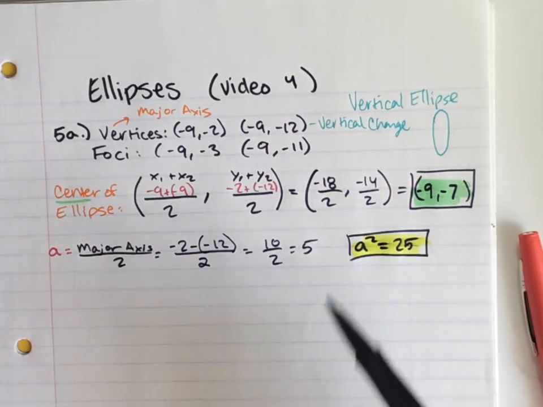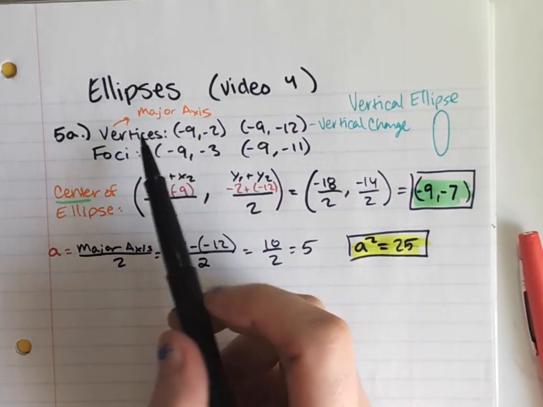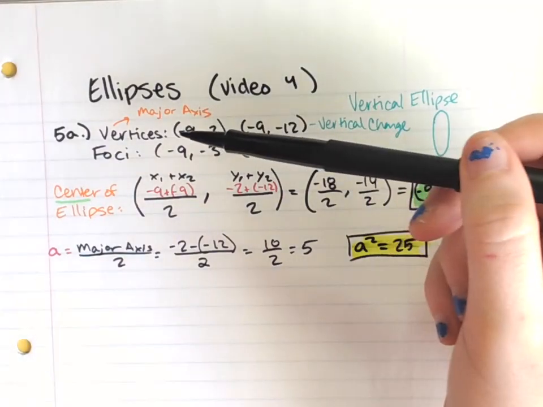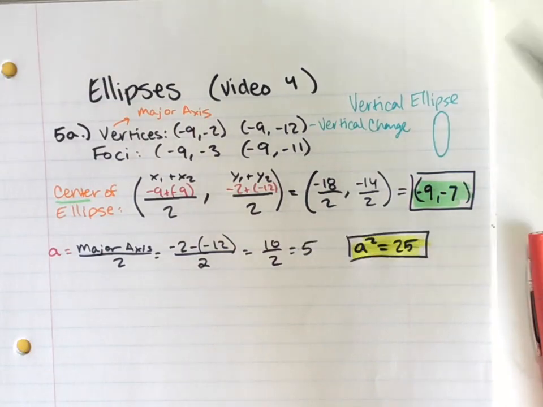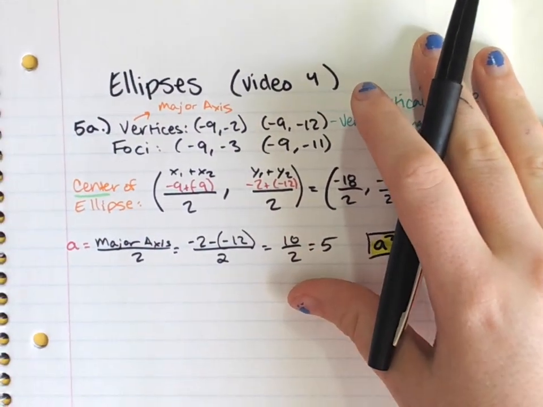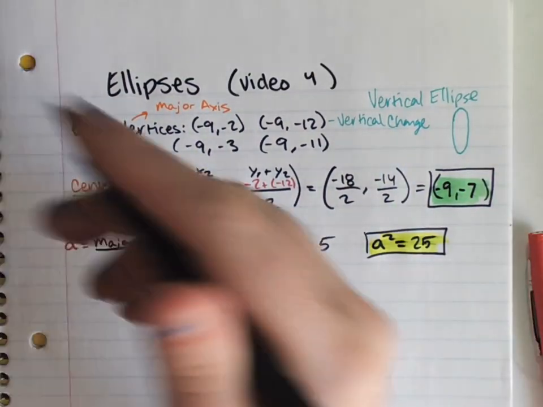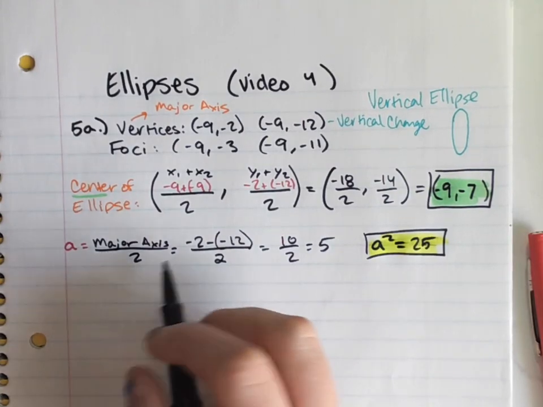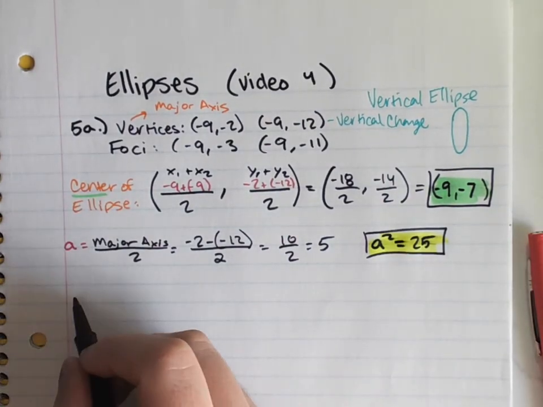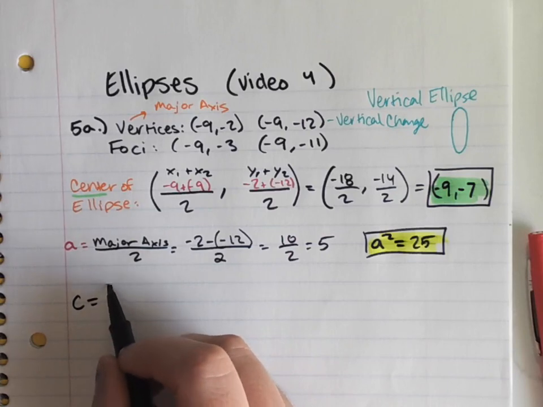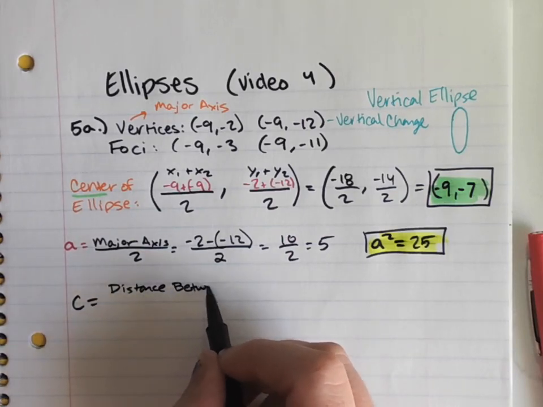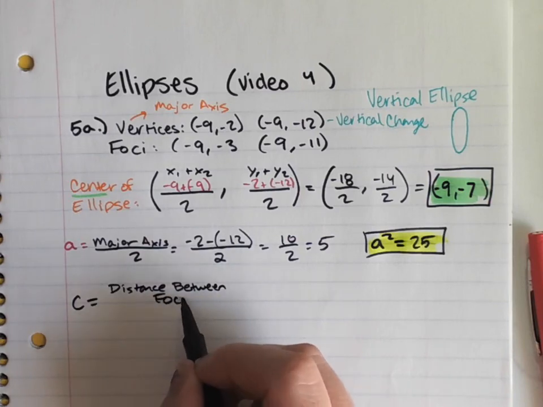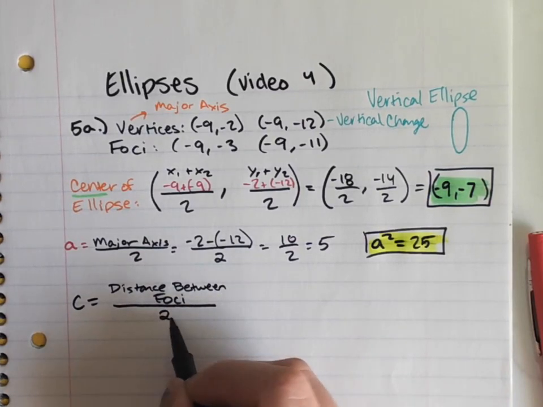I cannot find my b. Why can't I find my b value? That's because we weren't given the covertices. We were given the foci though, so we're going to use that to our advantage. Let's figure out what c is. For finding c, it's the distance between foci cut in half.